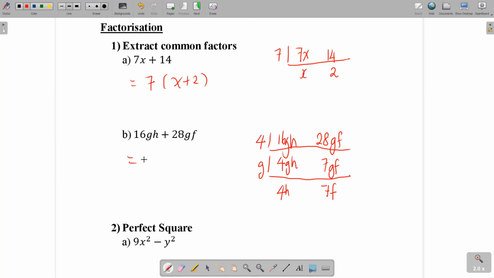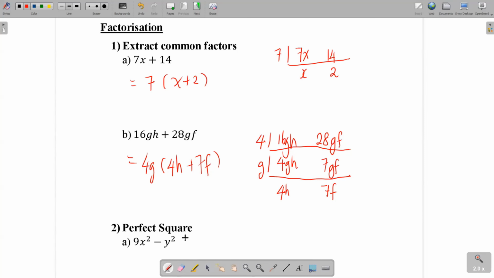Now we write our answer here. 4 times G, you need to multiply, so we get 4G. And this one we'll put in the bracket: 4H plus 7F. Okay, so that's it about extracting common factors.